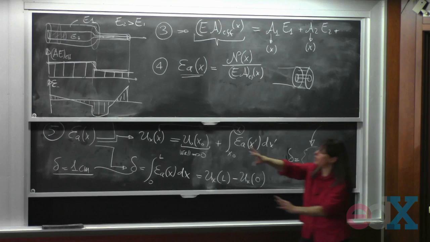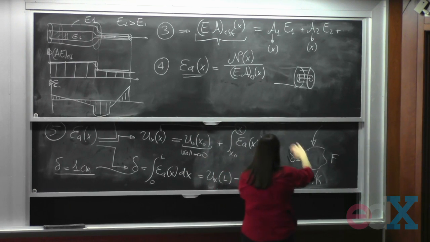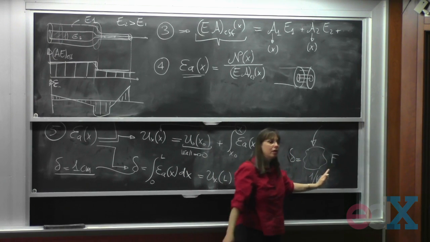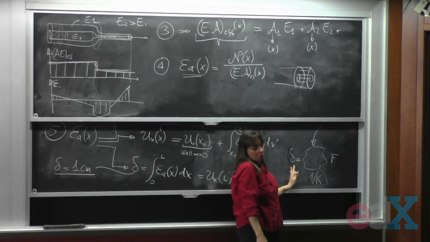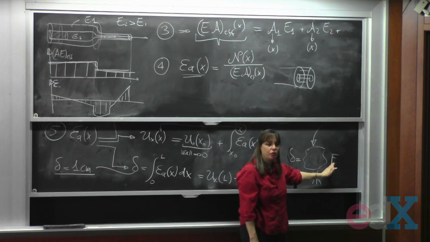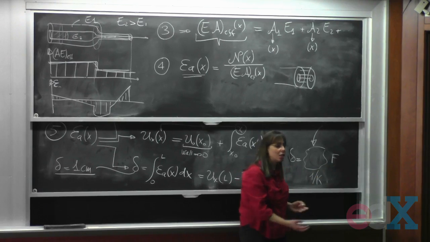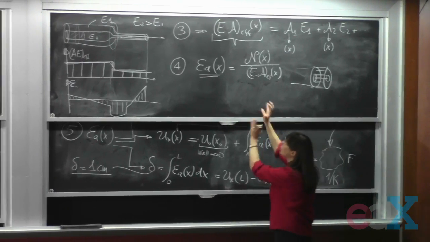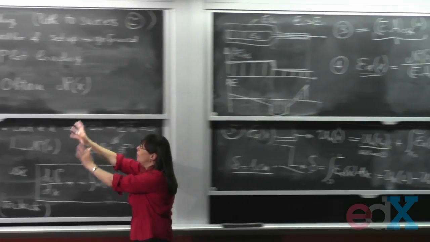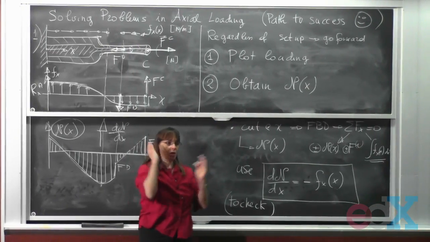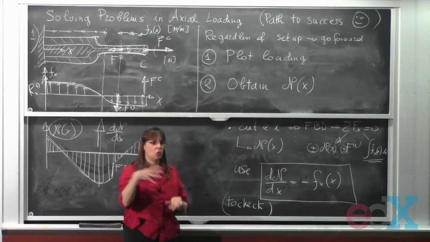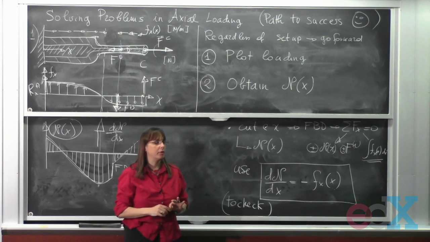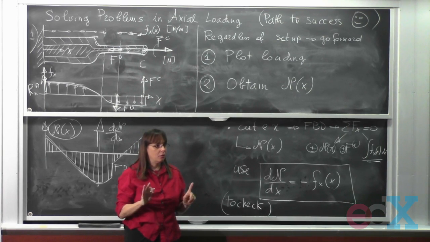So after you did all this stuff, you're going to find delta equal to something times f. If I give you delta, you just invert it and you get your force. That doesn't mean that you need to start from this end and walk backward to figure out what the f was. Okay? Go forward like a Swiss train. Do not stop. Okay? We good?